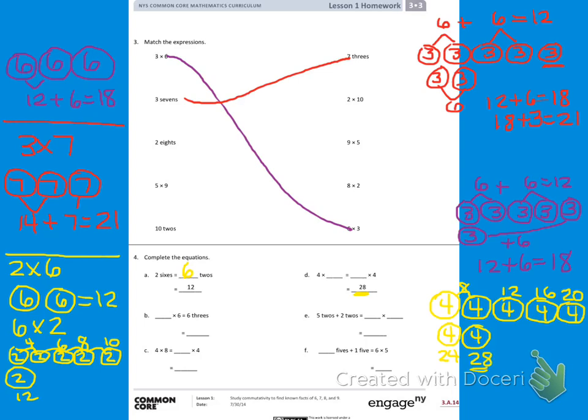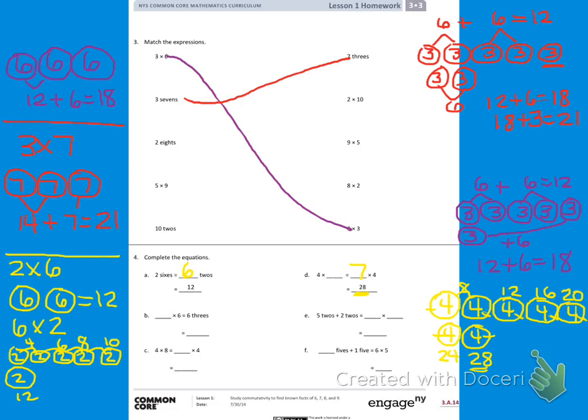So how many groups of 4 did I have to draw until I got to 28? Let's count them. 1, 2, 3, 4, 5, 6, 7. So I had 7 groups of 4 before I got to 28.